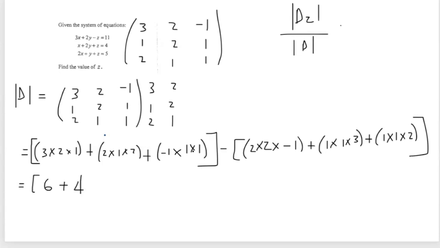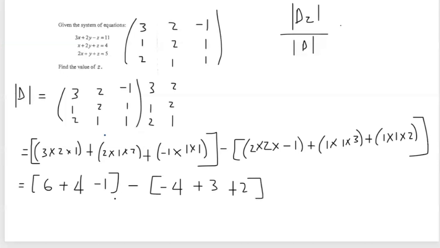So minus 1 times these 1 is going to be minus 1. Minus 2 times 2 is 4, times this is going to change it to minus 4. 1 times 1 times 3, that's 3, and this will multiply to give me 2.